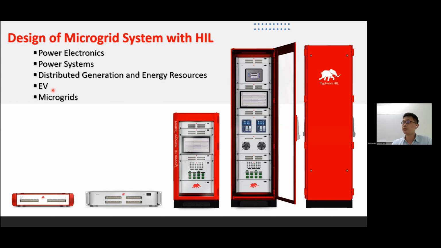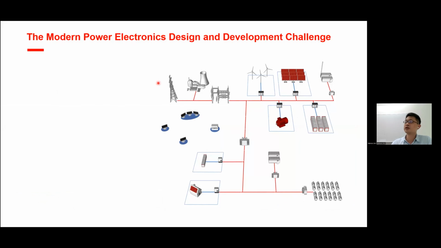Now, let me begin by telling you the scenario. Currently, modern power electronics design is quite challenging. Why? Because the grid is becoming more dynamic. You have a lot of energy resources, like Dr. Sudamono presented.